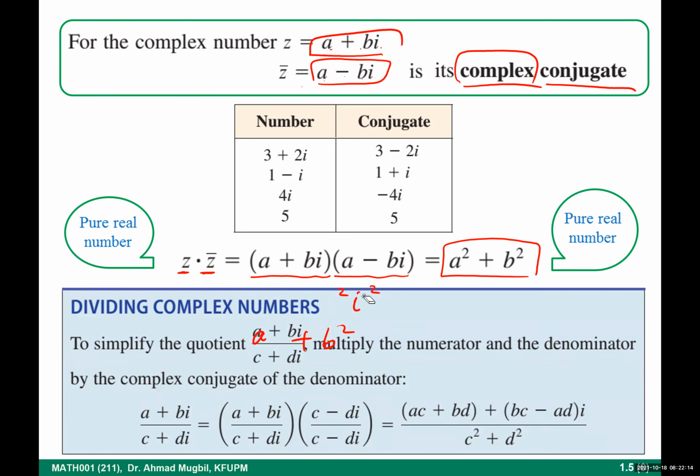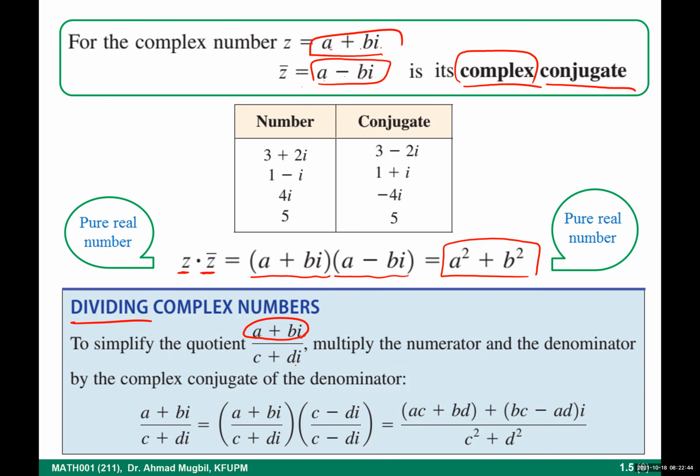Now, the last operation that we need to deal with is dividing. How to divide a complex number by a complex number. If someone asks you how to divide a complex number by a complex number, what will be your answer? Your answer should be like this. Write the numerator in the standard form, a plus bi, and write the denominator also in the standard form, let's say c plus di, another number.